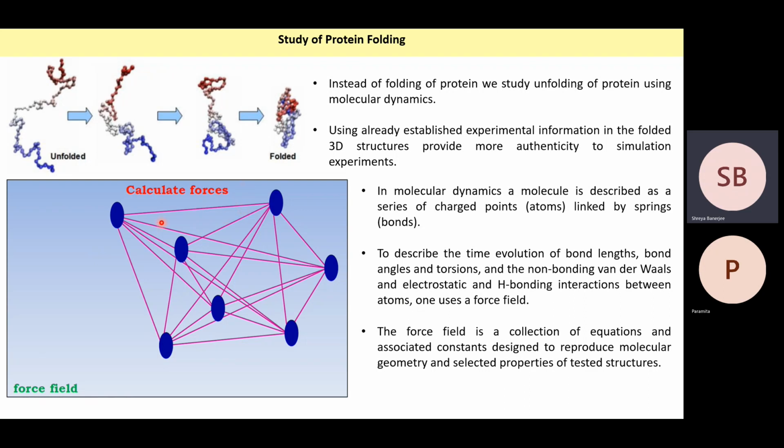To study all these interactions, a force field is needed. And a force field is a collection of equations and associated constants designed to reproduce molecular geometry and selected properties of tested structure. So basically, the force field will reproduce the interactions that are present between the different atoms, and that will help to accurately model what is happening in the real protein.